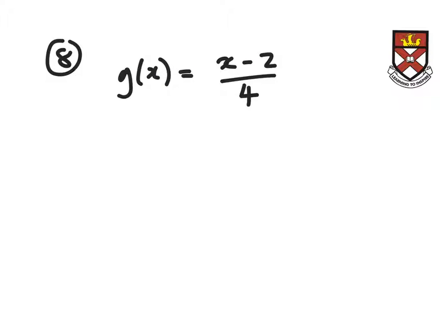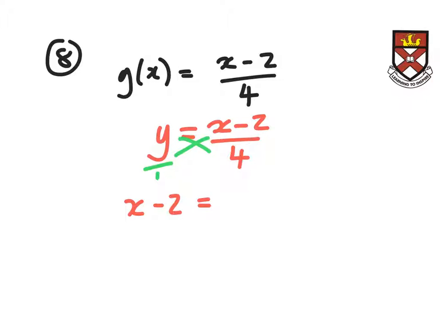Question 8, find an inverse function. Now remember, the way we do inverse functions is we rewrite it as y equals x over 2 take away 4. Do a bit of cross multiplying. So that means you have to write it as y over 1. So you get x take away 2 times 1 equals y times 4, or 4y.